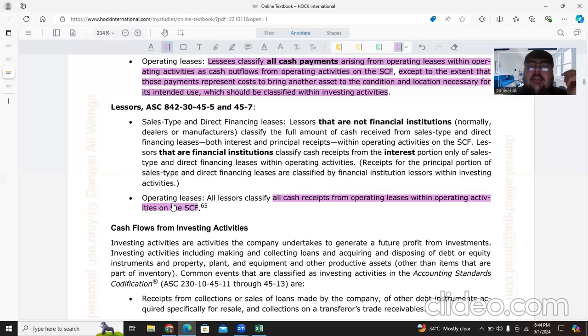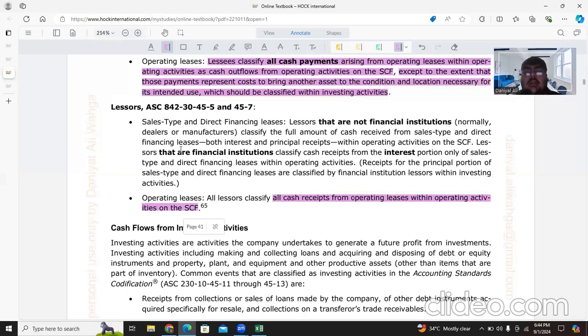Next, if you are a lessor with a direct financing or sales type lease, the next thing is whether you are a financial institution or not. If you are a financial institution, then your interest portion comes within operating activities.